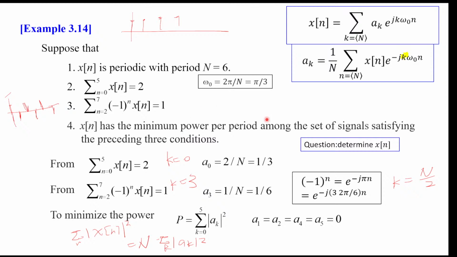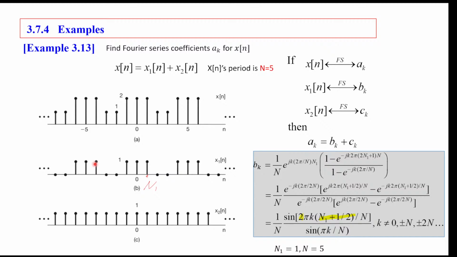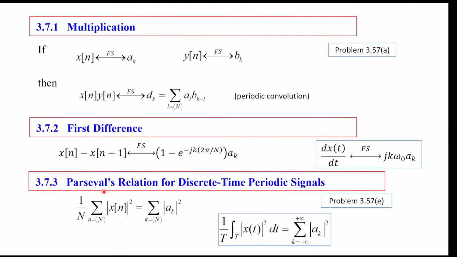So here we want to minimize power, and we know power is related to this summation. So the power of x[n] is the Parseval equation we just talked about. Okay, so power is the summation of |x[n]|², and I guess that's the average power over one period.